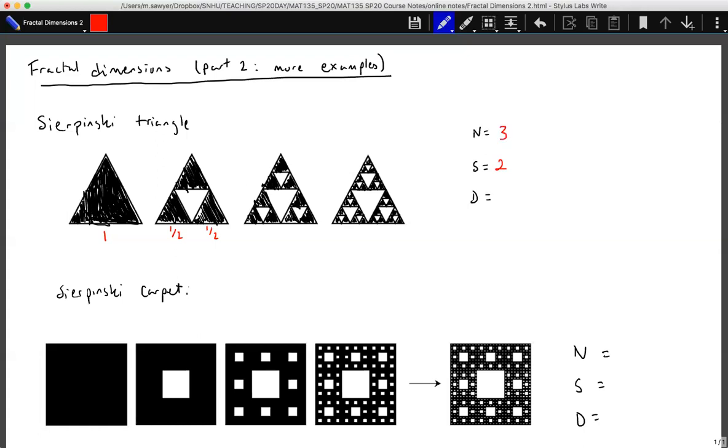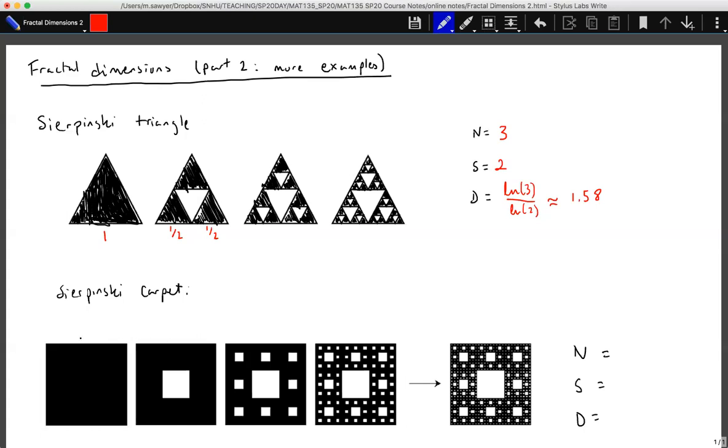So given 1 original black triangle, it takes 3 black triangles to build the next iteration. So our dimension here is the natural log of 3 divided by the natural log of 2, which is approximately 1.58. So this shape is not quite a 1-dimensional shape, and it's not quite a 2-dimensional shape. It's a little bit more than a 1.5-dimensional shape.